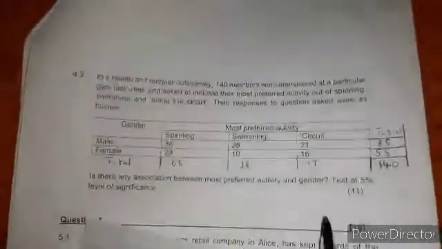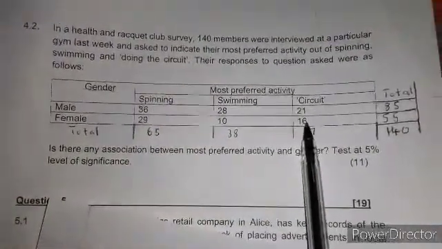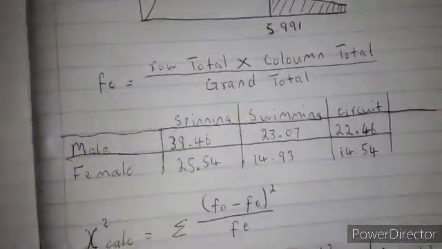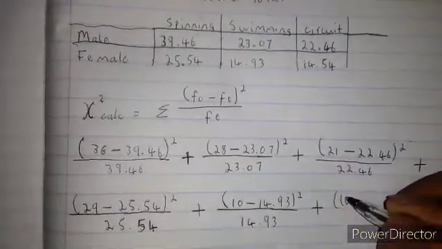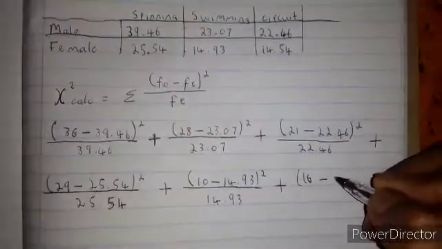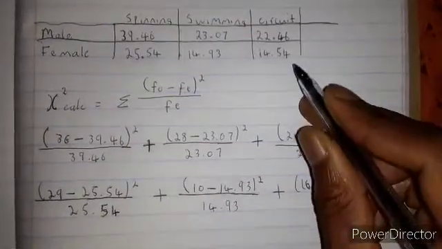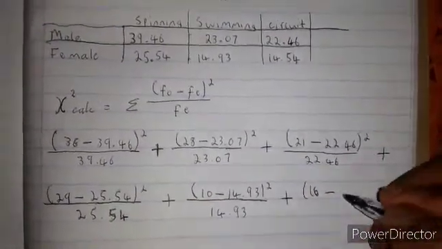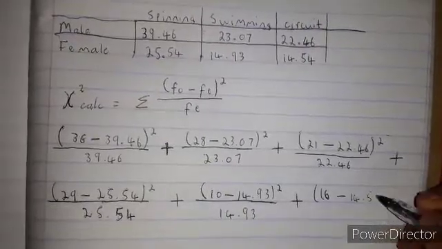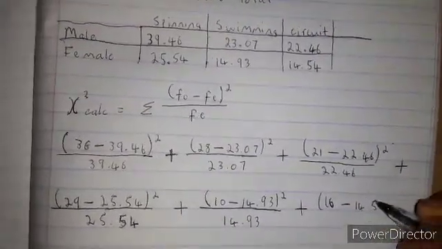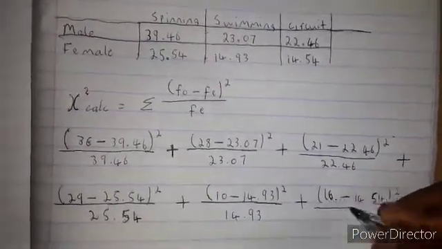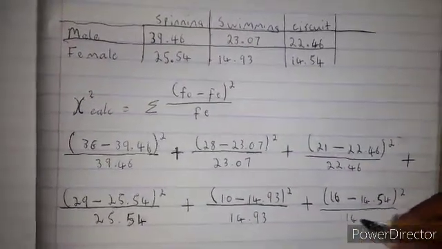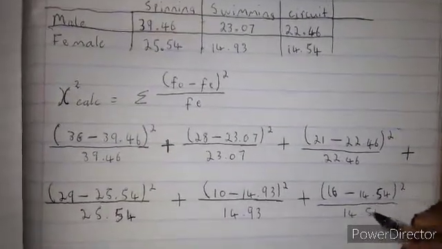It is the observed frequency of circuit on the female row, 16. 16 minus the expected frequency, which is 14,54, all squared, divided by 14,54.